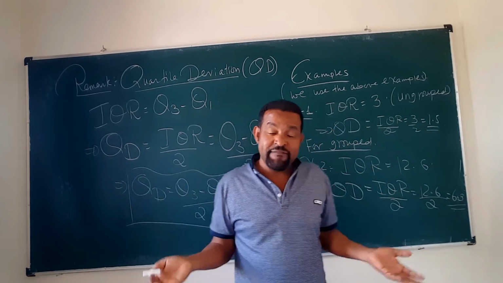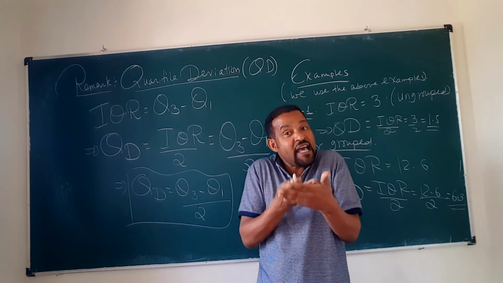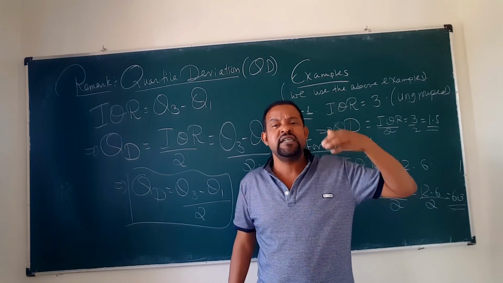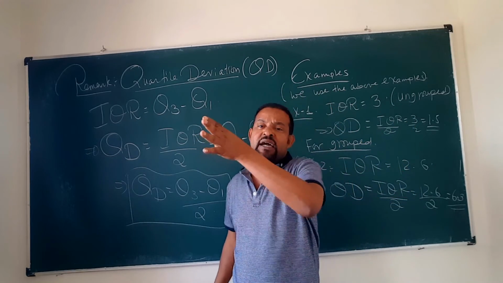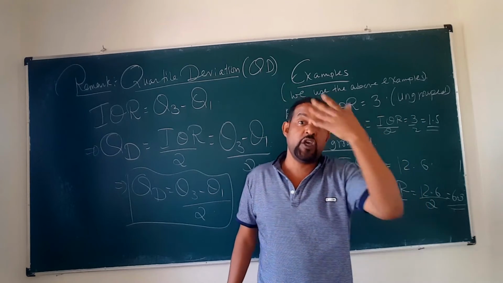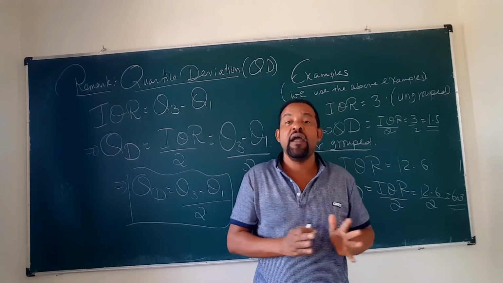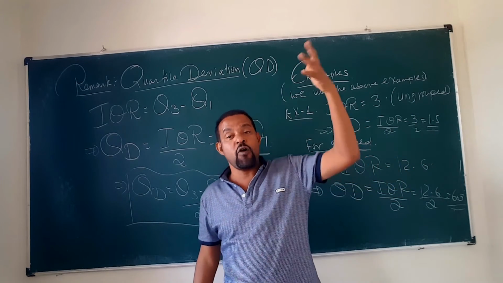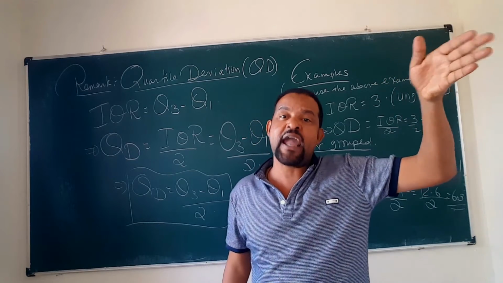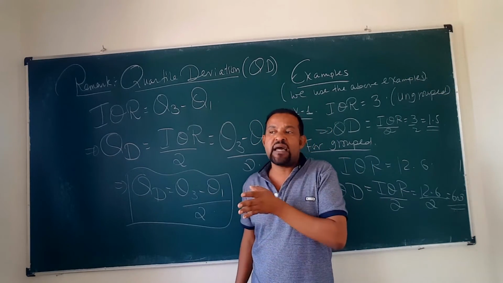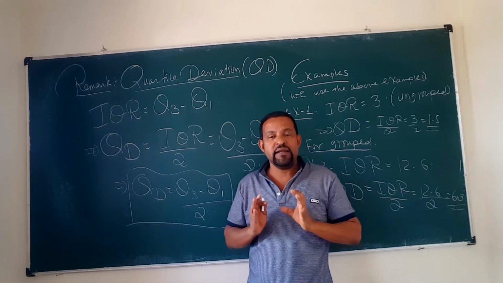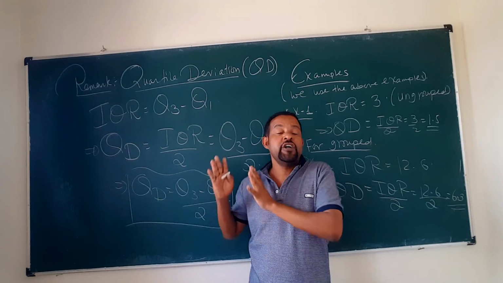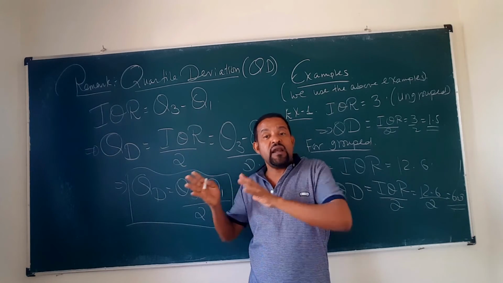ስለዚህ quartile deviation እና interquartile range የተያያዙ ስለሆኑ አንድ ላይ ያያይዛቸው አጥኗቸው። Interquartile range is the difference between the upper quartile and the lower quartile, that means Q3 minus Q1. ስለዚህ for grouped data and for ungrouped data, by using the formulas for quartiles, ያን ከያዛችሁ በኋላ the quartile deviation is half the difference of the upper quartile and the lower quartile.